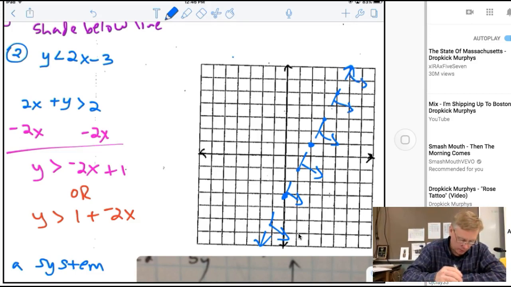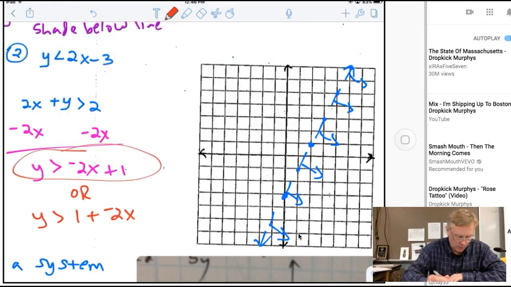Okay. And when I do the red line, or pink line, this one here, y is greater than negative 2x plus 1. 1 is the y-intercept, slope of negative 2, so that's 2 over 1, up 2, left 1, up 2, left 1. Once again, another dashed line.